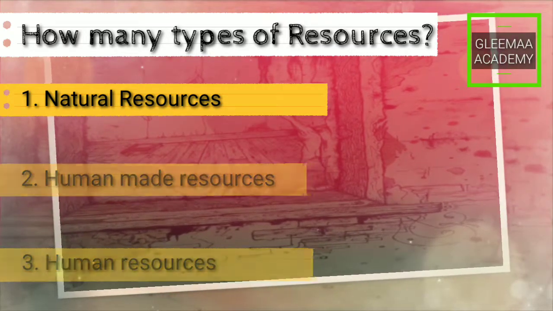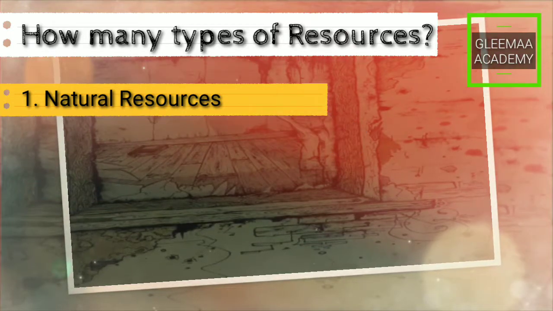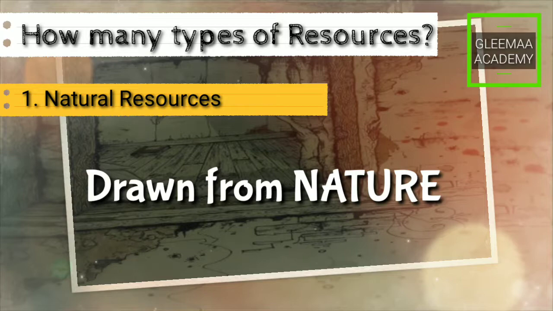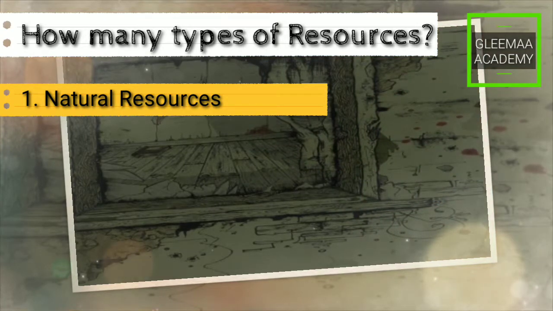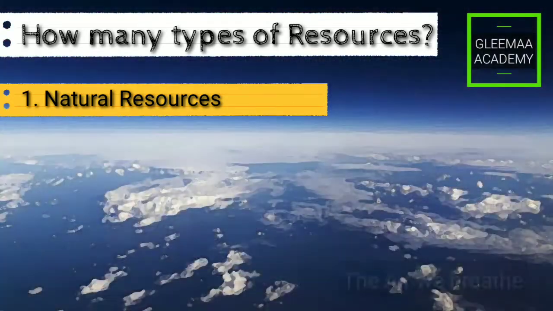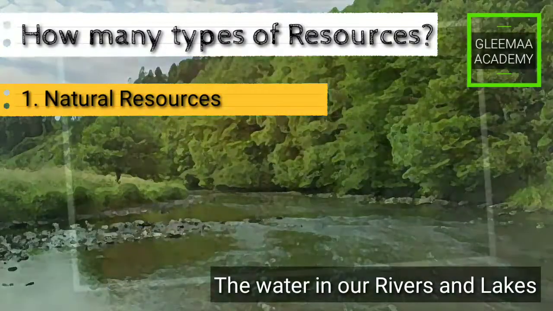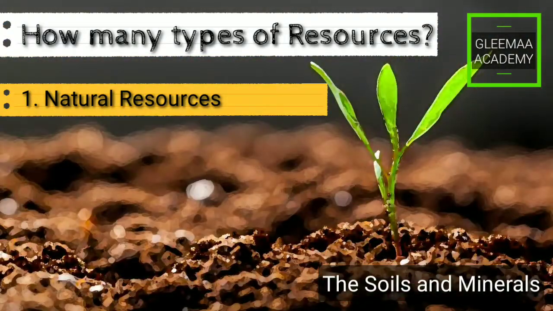Now talking about number 1, natural resources. The resources that are drawn from nature and used without much modification are called natural resources. For example, the air we breathe, the water in our rivers and lakes, the soils, the minerals, etc.